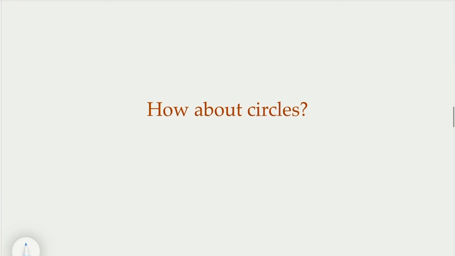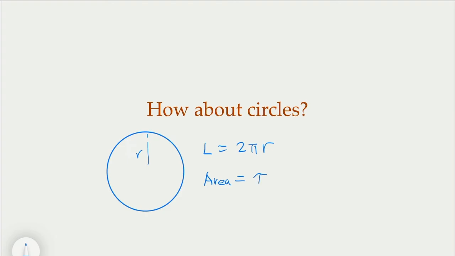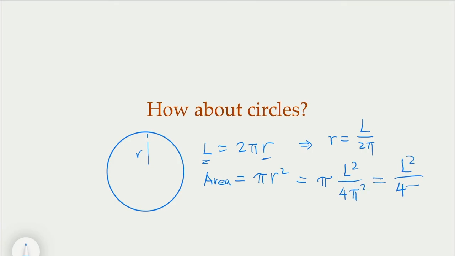Now, how about circles? Recall that in a circle, if I have R, the perimeter L would be 2 pi R, and the area would be pi R squared. Because L is given, R is fixed, in other words R would be L over 2 pi. If you plug in, what you get is pi L squared over 4 pi squared, which equals L squared over 4 pi.